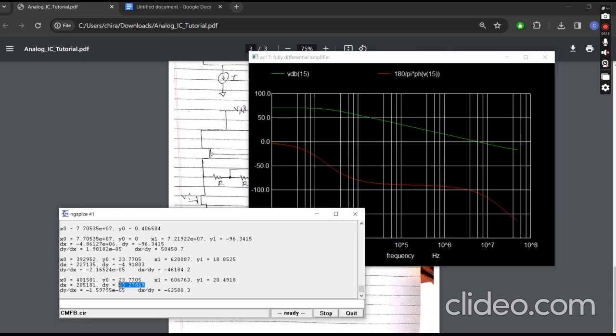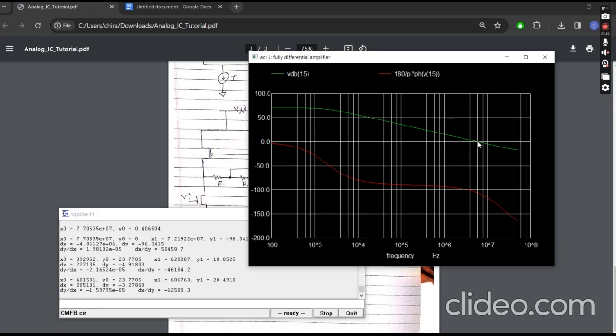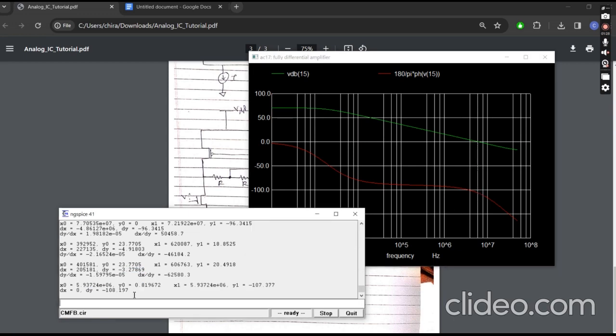Yeah, we are getting minus 3.27 dB, so approximately minus 3 dB, we can say. So we have shifted the dominant pole and stabilized the system. Also, let's see if we are getting a 70-degree phase margin. Yeah, we can see we are getting minus 108, that is nearly 72 degrees, which is 2 degrees more. It's okay, we have a better phase margin.